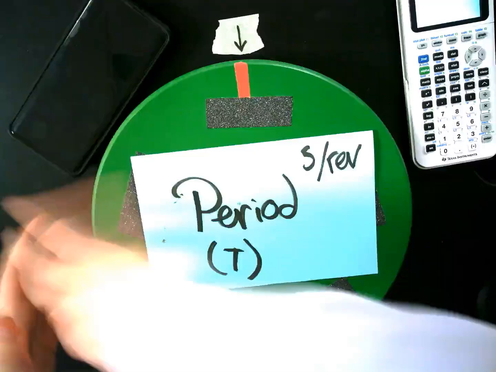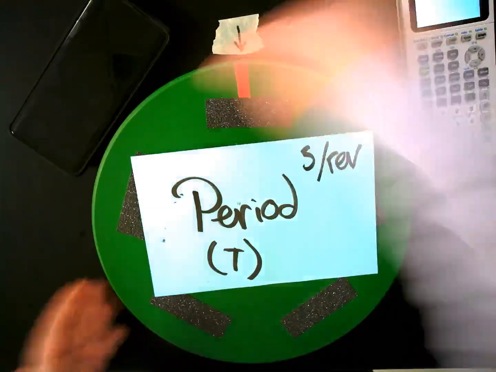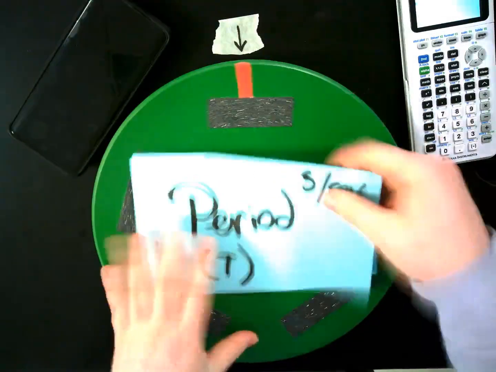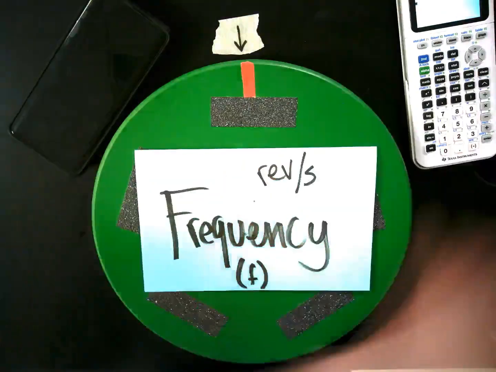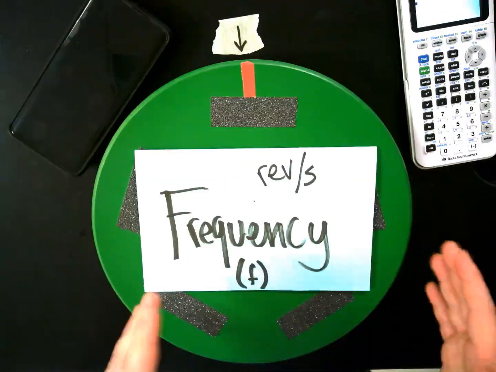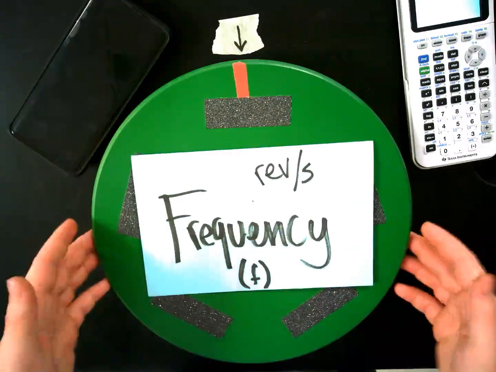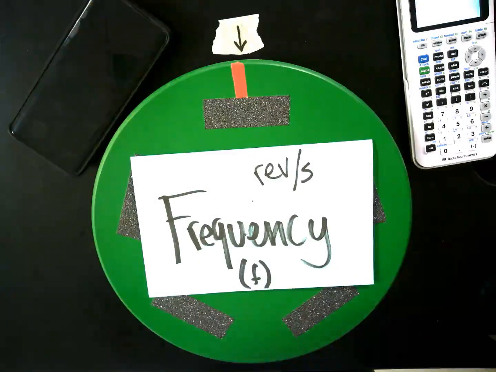With period, do we care about how much time it takes to go from here back to here, clockwise or counterclockwise? With frequency, is it how many revolutions we can get within a particular time period, in this case seconds? That's the difference between period and frequency.